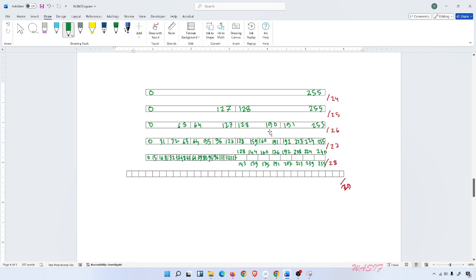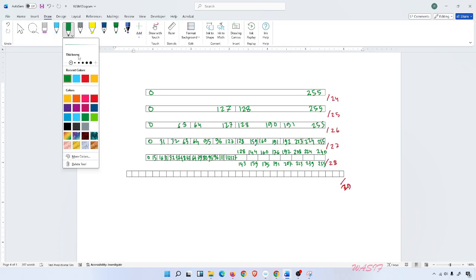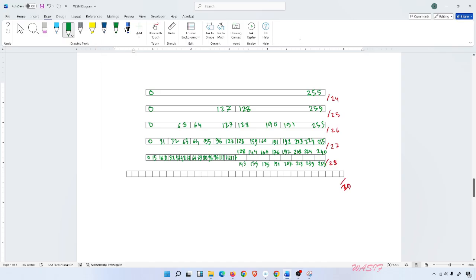there is a mistake here. So it cannot be 190. It will not be 190 here.